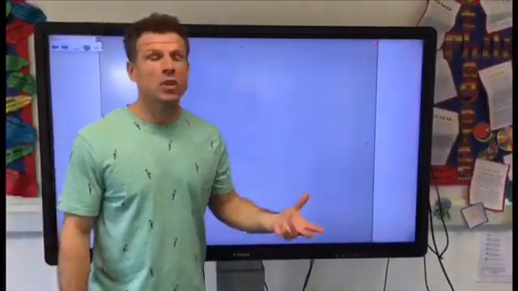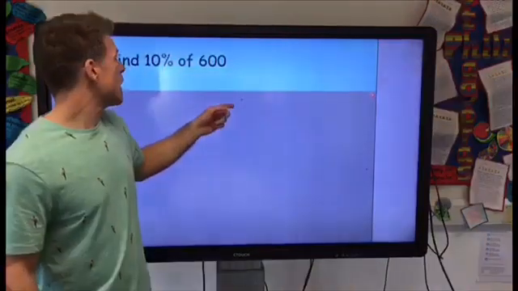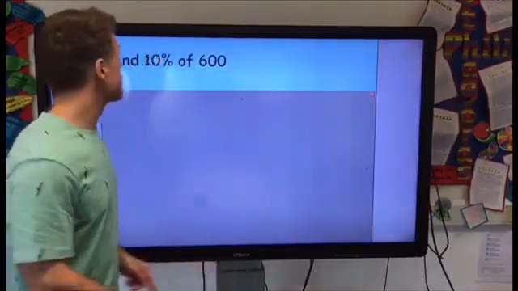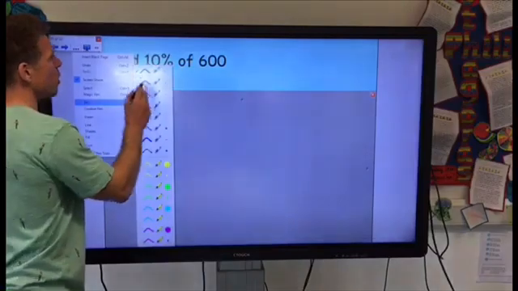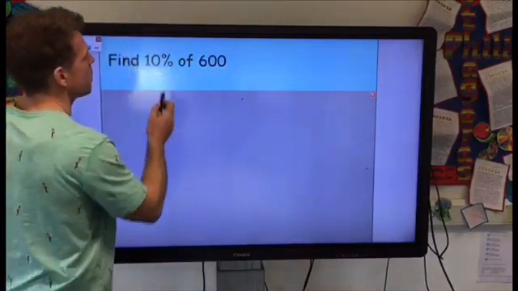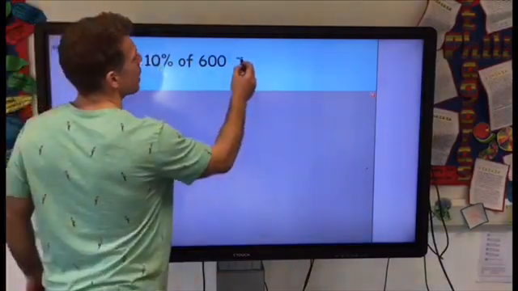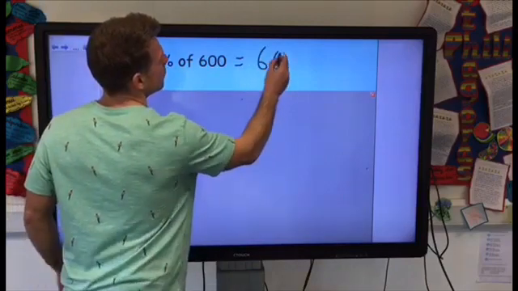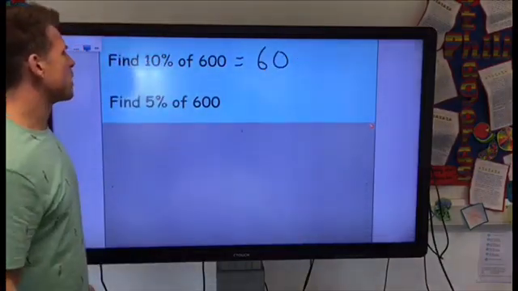Okay, so we're going to go through a few examples now. We're going to start off nice and easy. I'm going to find 10% of 600. If you divide 600 by 10, which is how you find 10%, you should know that that is 60. 5% of 600.